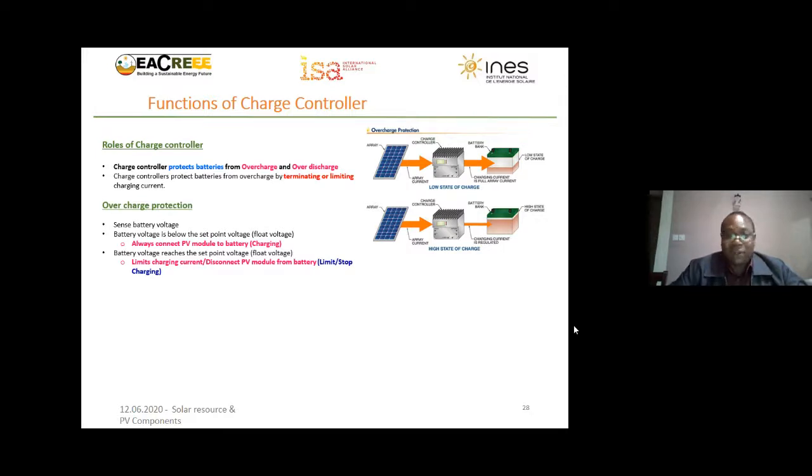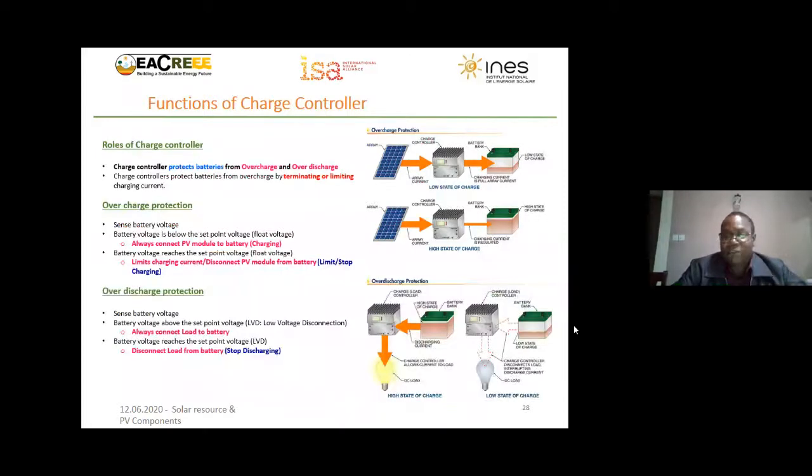Then in terms of over discharge protection, the sensing process is still there, but we have a low set voltage. The charge controller is set either to completely disconnect the load when the voltage is too low, or maintain it when the voltage is slightly higher, and we call this low voltage disconnect.